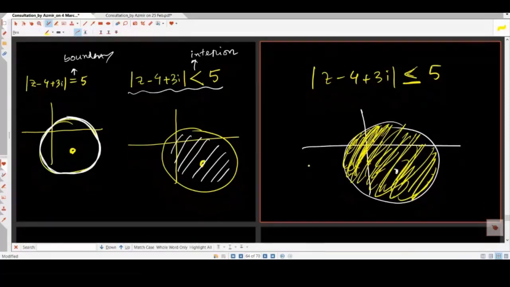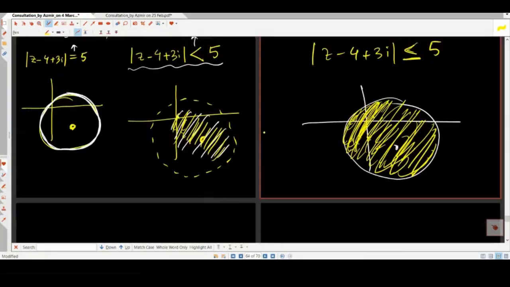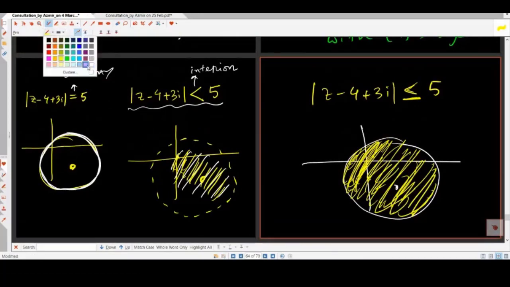In some textbooks, the interior part is defined by this shaded region, and you can easily understand that the boundary is not included. So the boundary is drawn by a dotted curve. Sometimes you will see this. So if we have less than and equal, we will have both interior and boundary.